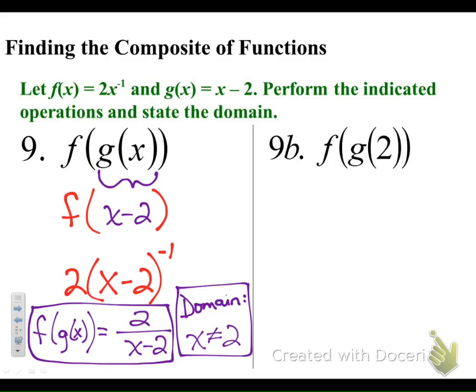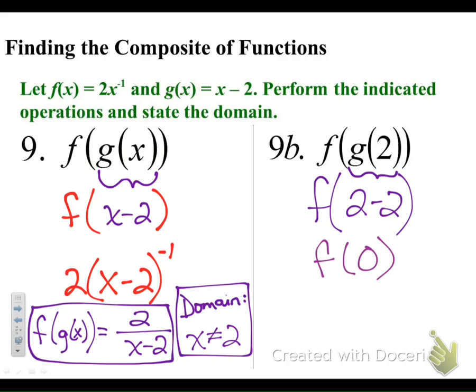So plug 2 into g. What happens when you plug 2 into g? Well, I get 2 minus 2. Oh, so that's a 0. And then plug 0 into f's function.